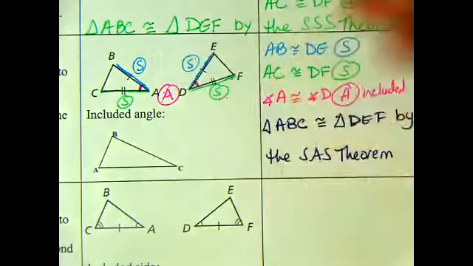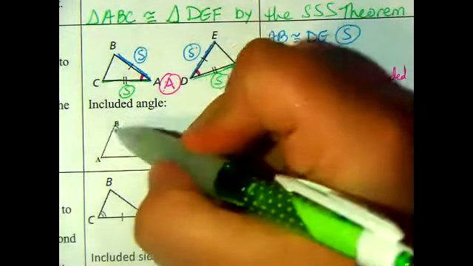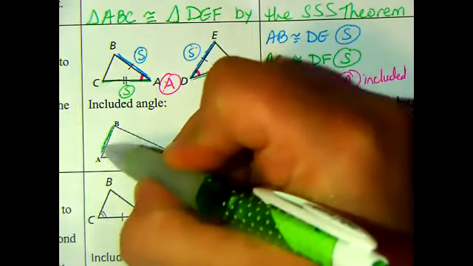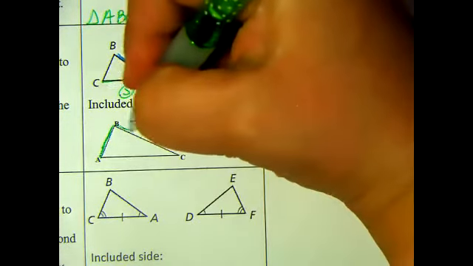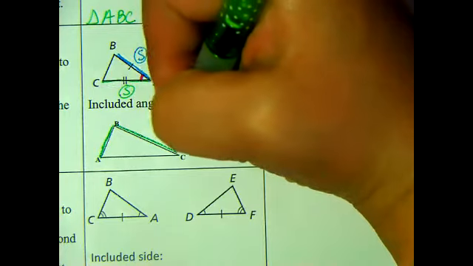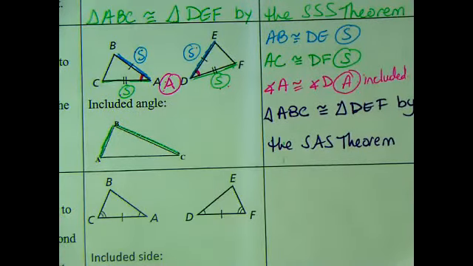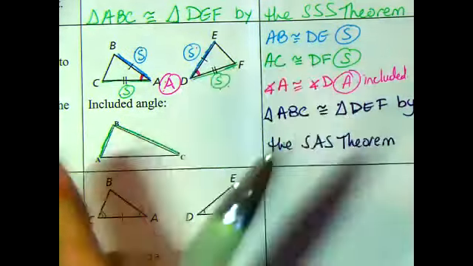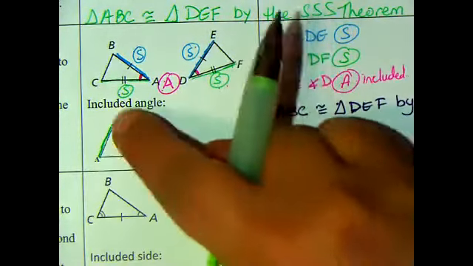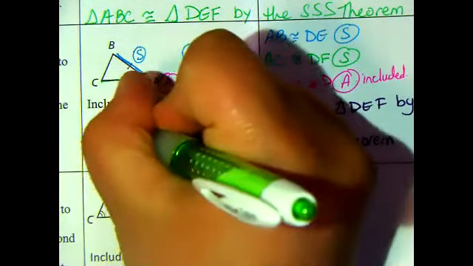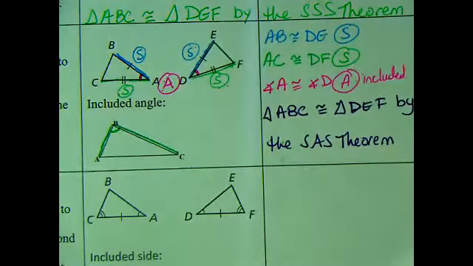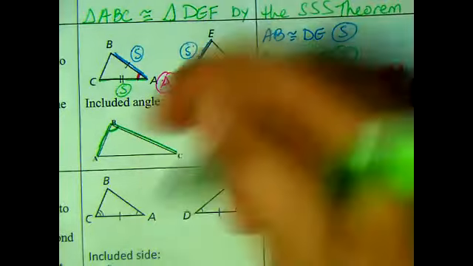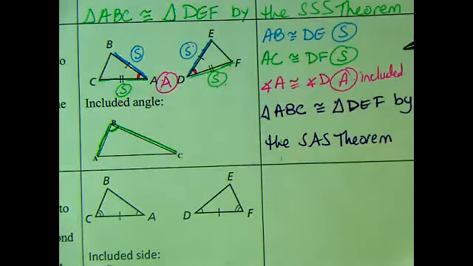If I had this side and this side as the two sides being used to show congruence, then the included angle for side AB and side BC is angle B. So the included angle for side AB and BC would be angle B right there.